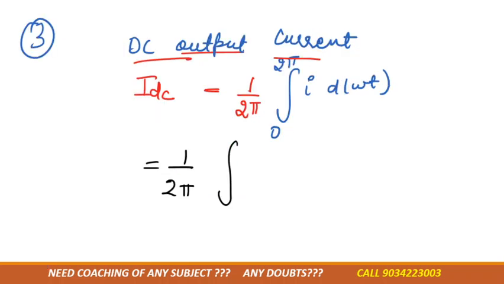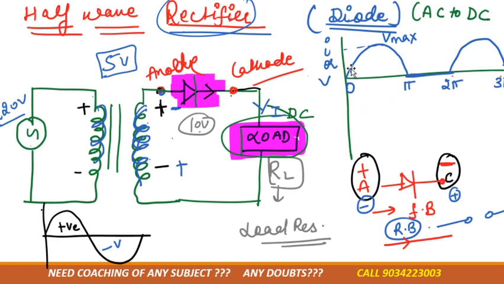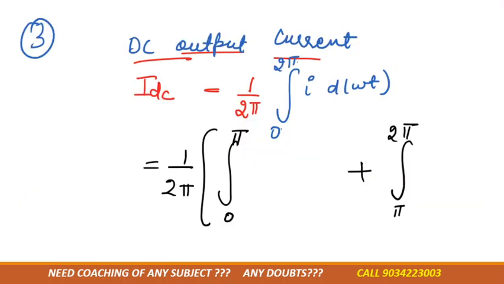So I'm breaking this 0 to 2 pi cycle into two parts: one from 0 to pi, and another from pi to 2 pi. And pi to 2 pi is 0, because we are getting no output. So that would be 0 d omega t.